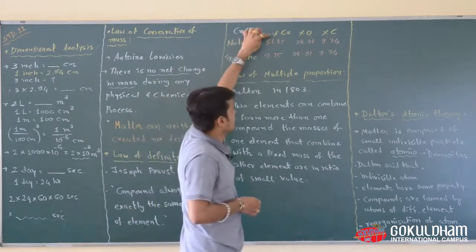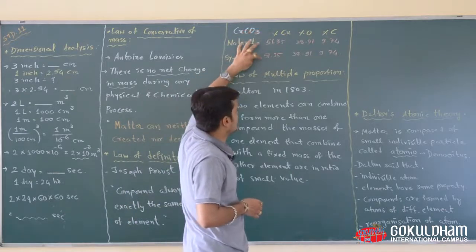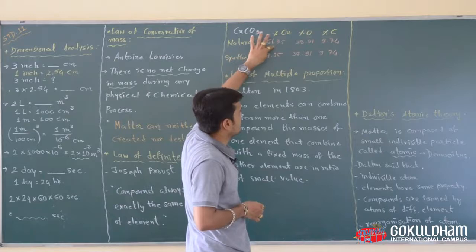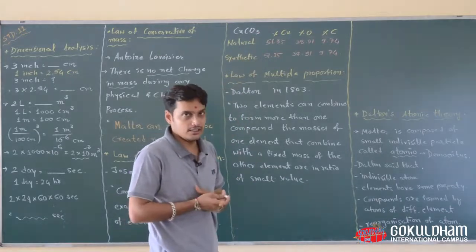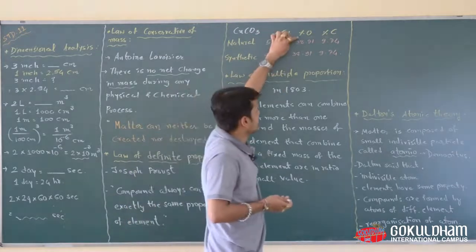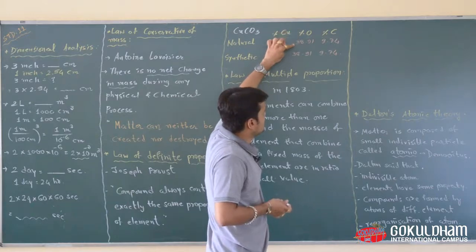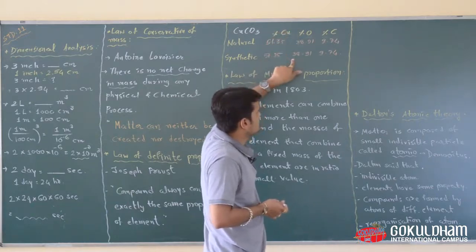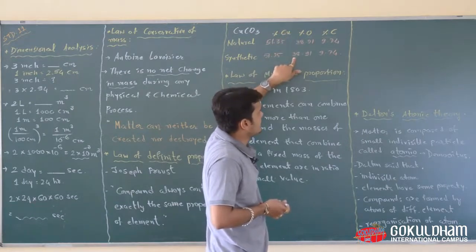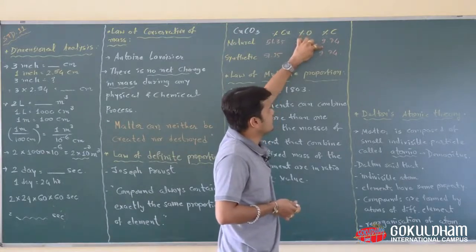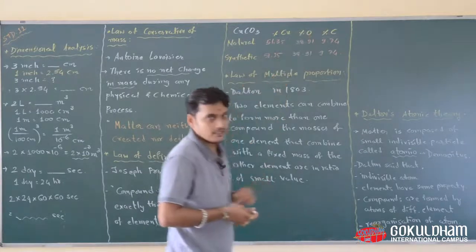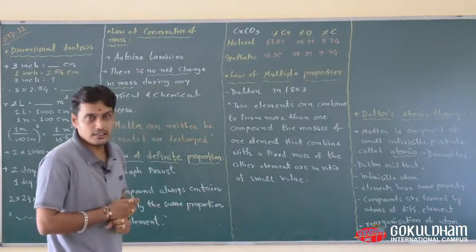So the percentage of copper is exactly the same in both cases, 51.35% natural as well as synthetic. The percentage of oxygen is 38.91 in natural and also 38.91 in synthetic, and the percentage of carbon is 9.74 in both natural as well as synthetic.